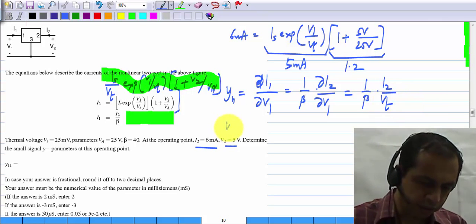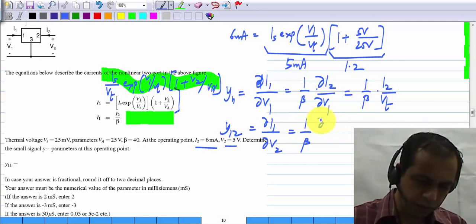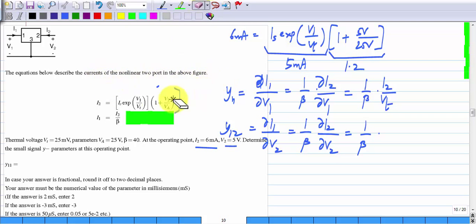And y12 is the partial derivative of I1 with respect to V2, which is 1 over beta times the partial derivative of I2 with respect to V2, which, differentiating this expression with respect to V2, you get Is exponential V1 by Vt times 1 over Va.